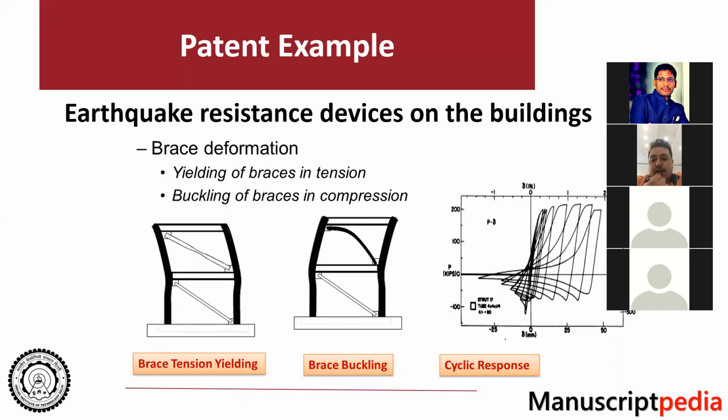On the other side the braces go under compression, where buckling failure happens, and that resistance is much lower than the tension. So this energy dissipation, they provided a very symmetrical hysteresis response, that curve on the right side. If you see the next slide.